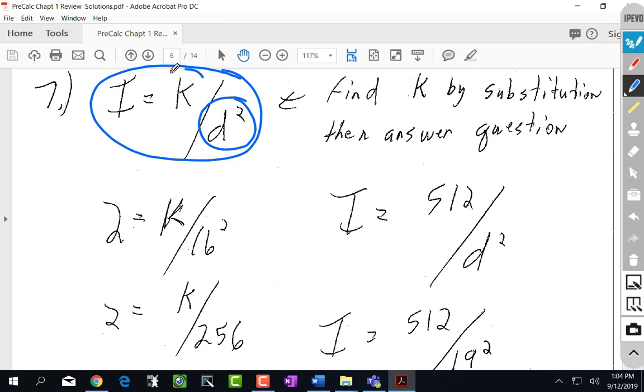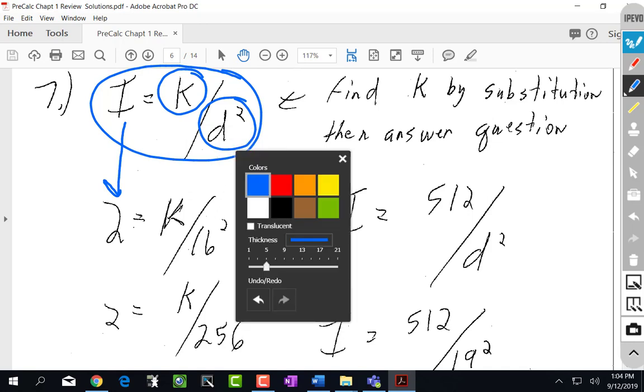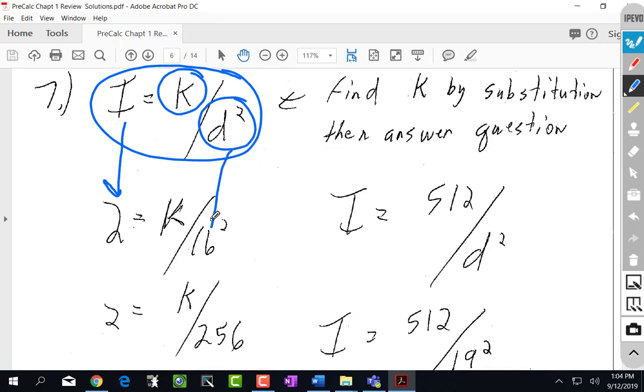Now remember, we need to find this. This is a type of slope, so we need to find our k value. To find our k value, I'm going to use substitution. Now it says the light intensity is 2-foot candles at 16 feet. So the light intensity is 2-foot candles at, and I'm going to substitute into here, 16.